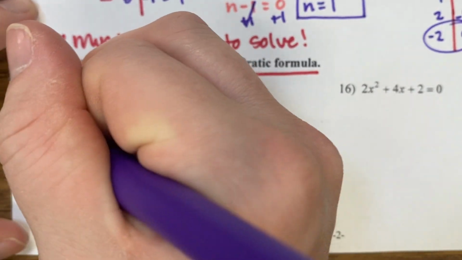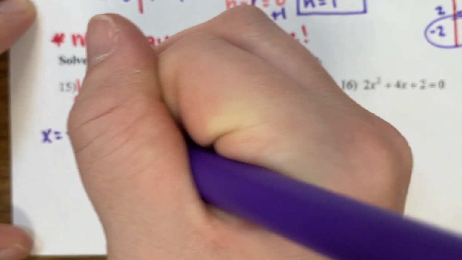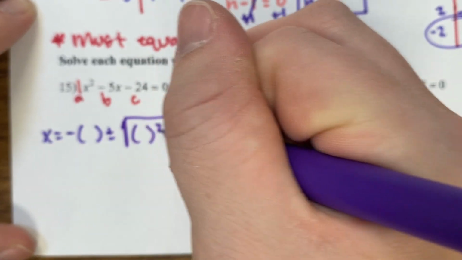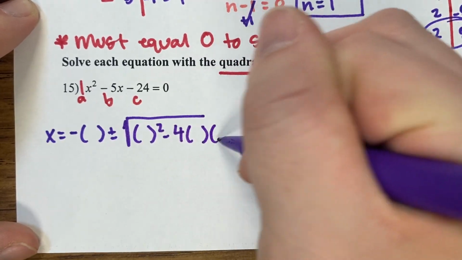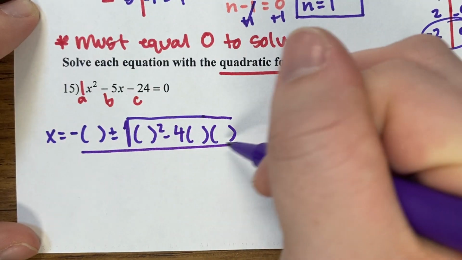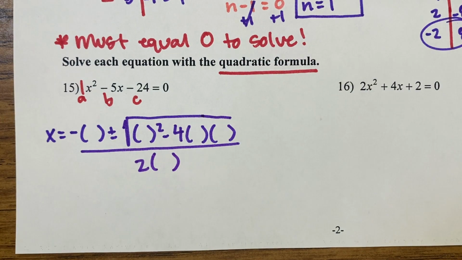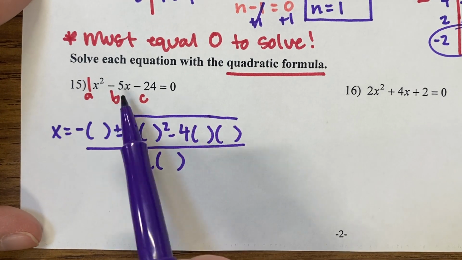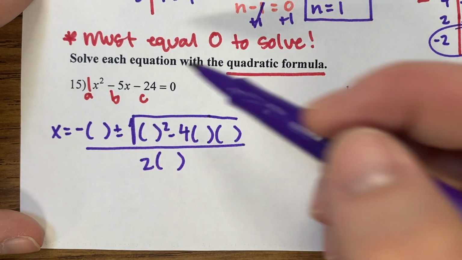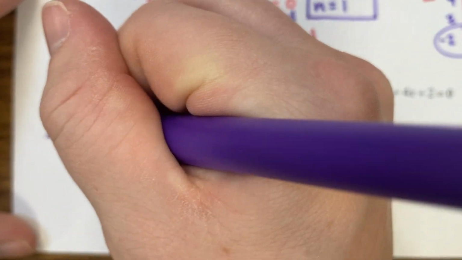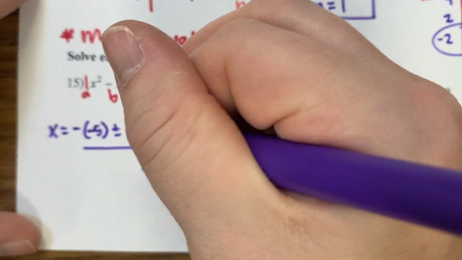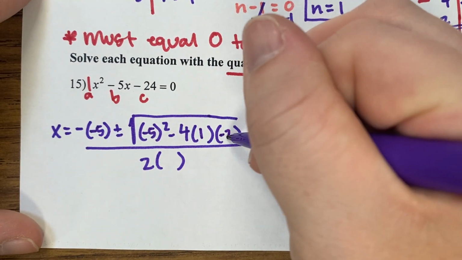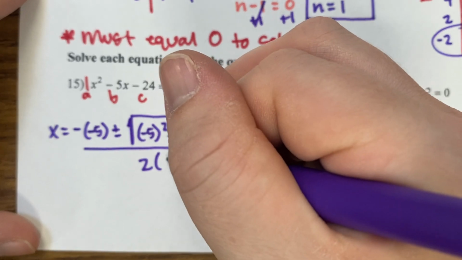So I have x is equal to negative b plus or minus the square root of b squared minus 4 times a times c, all over 2 times a. I left little spaces so I can plug in my a, b, and c. So negative b, my b is negative 5, b again, negative 5, minus 4 times a, which is 1, c negative 24, all over 2 times a, which is 1.